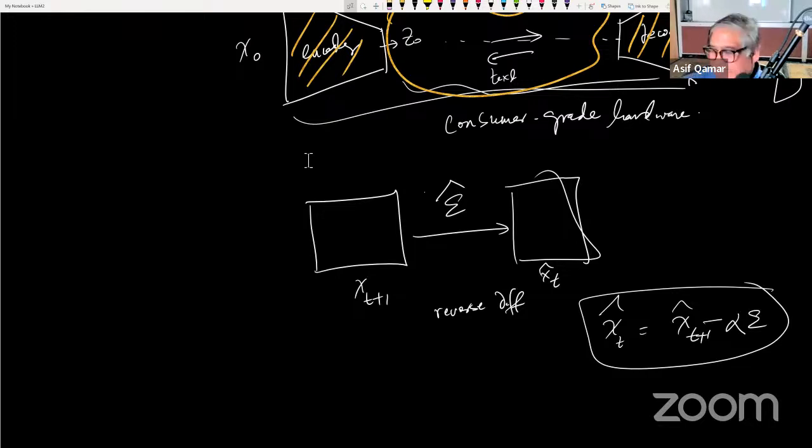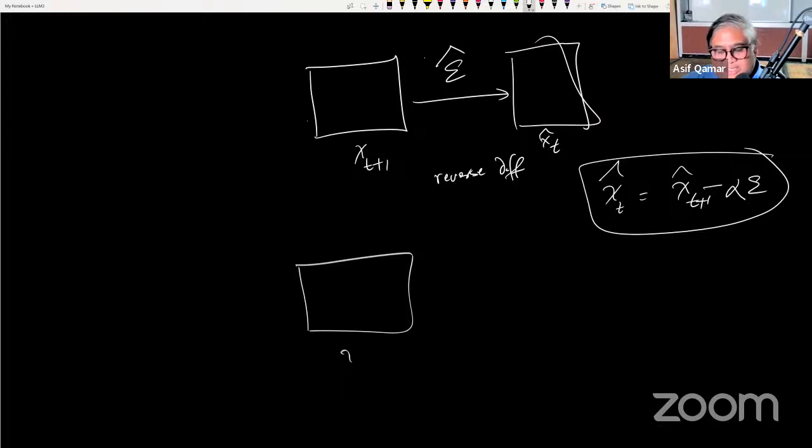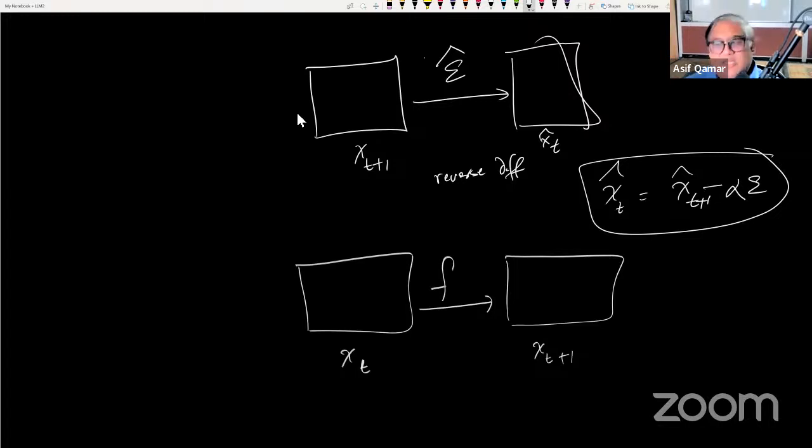Normalizing flows, great point. See, normalizing flows have a more specific structure. Suppose you go from xt to xt plus 1. You don't introduce noise. You say there's a function f that the network emulates, so that the machine has to learn f inverse of xt.